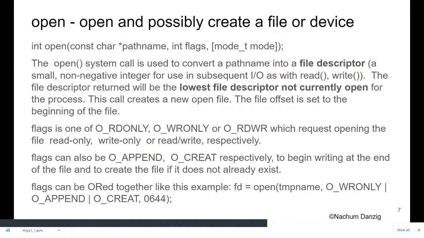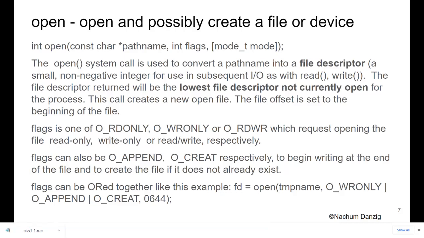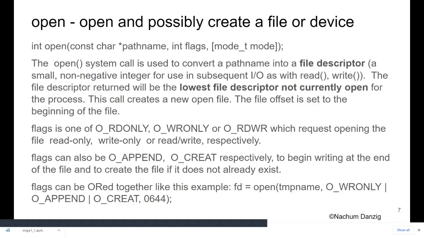And open is a very basic operating system service which allows you to open a file. So most basically, I have to give it the name of the path, in other words, where the file is, what file I want to open. And it gives me back an integer, and that integer is called a file descriptor.